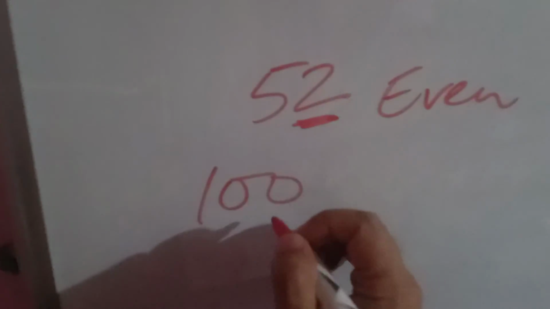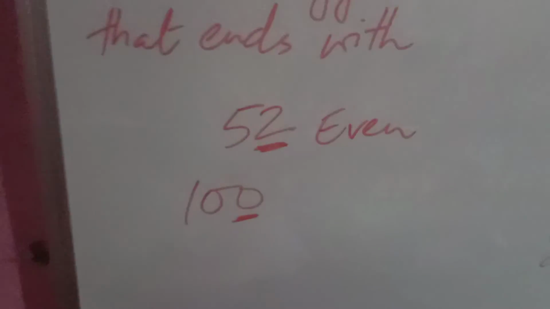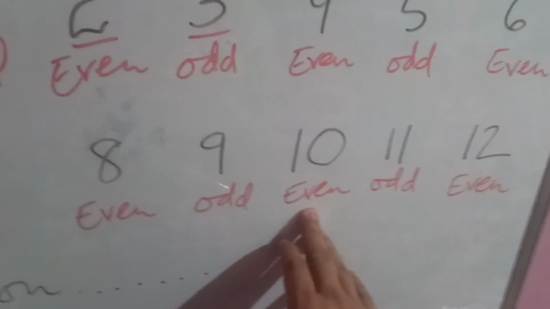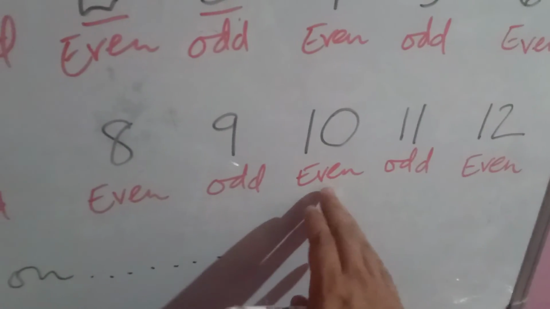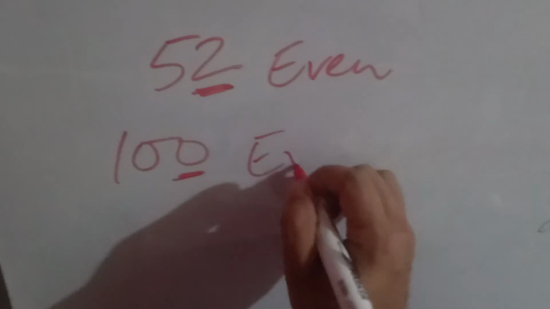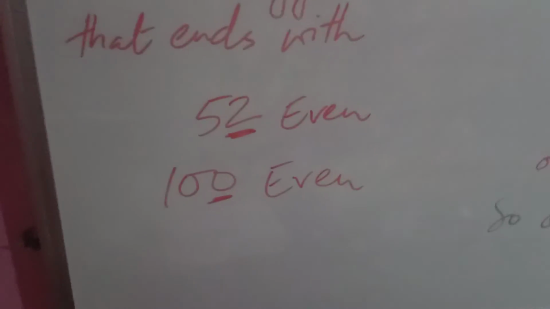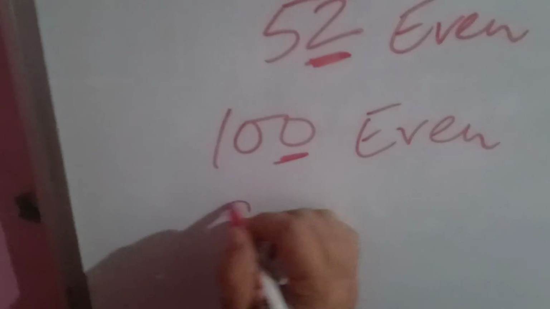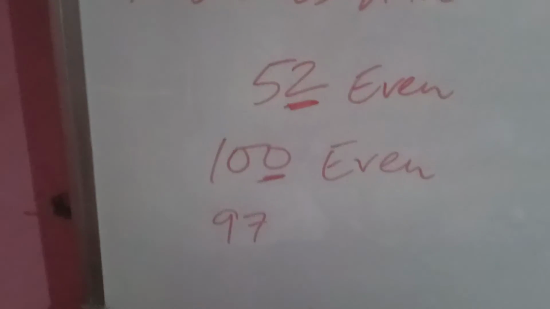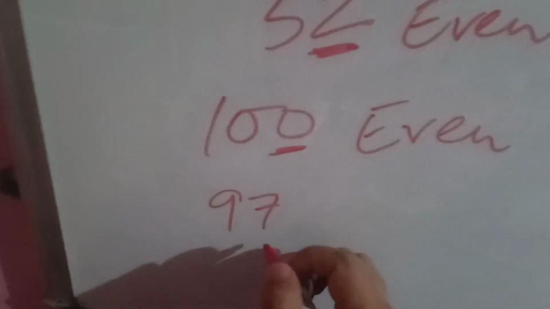It ends with 0, and since 10 is an even number, 0 is even, so it is an even number. Likewise, if this is 97, it ends with the number 7.